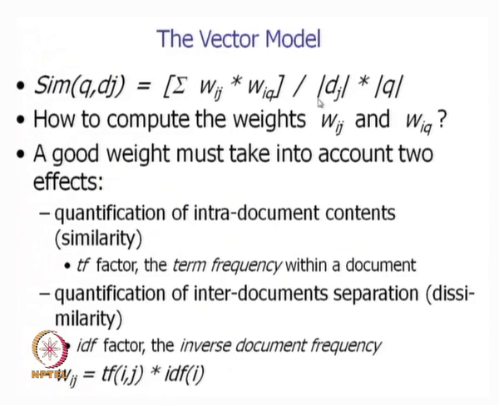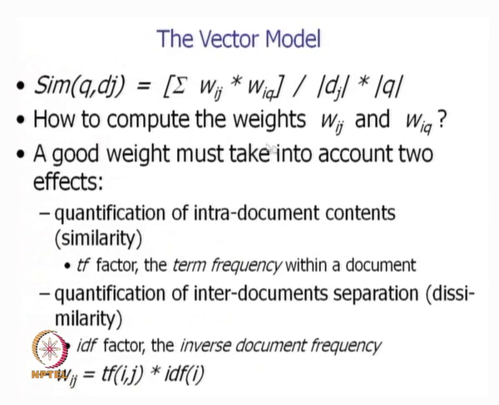So, similarity is expressed as this product of weightage terms, corresponding terms, divided by modulus of dj and modulus of dq, this product. Now, the question is, how do we compute the weights wij and wiq?